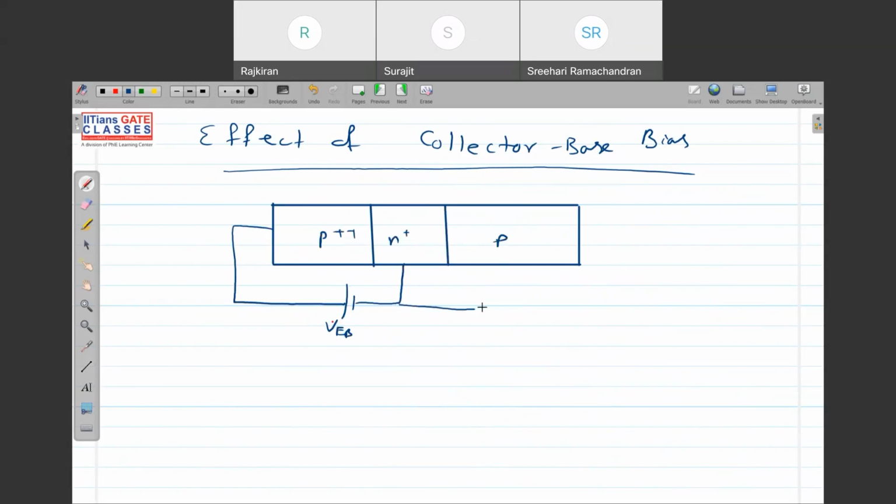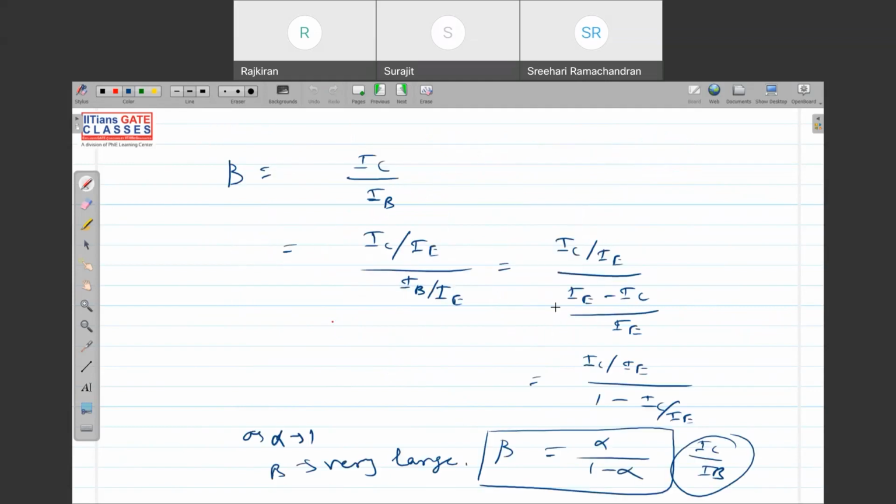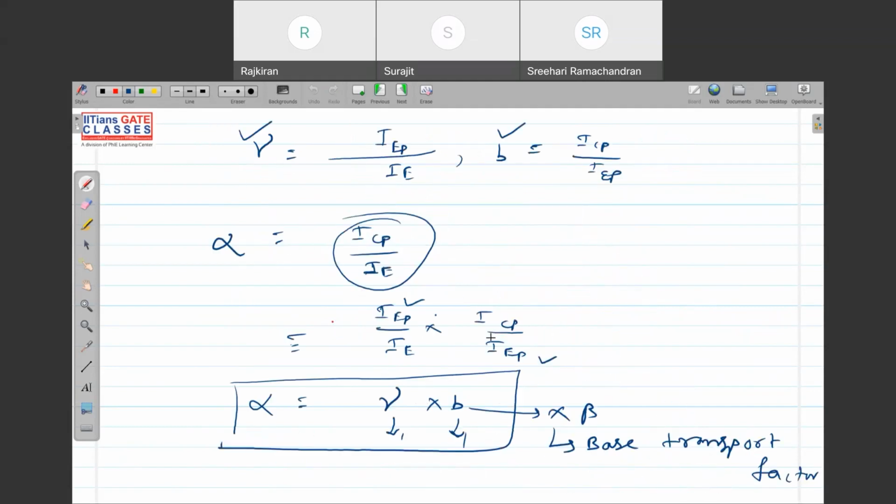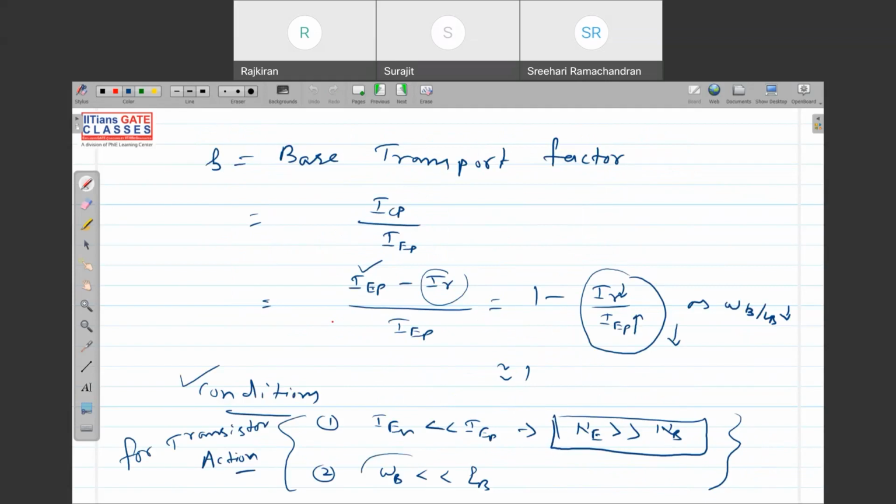Now let us apply another bias to the collector junction, VCB. We will assume that the base width W_B is very small. From now onwards, if not mentioned, I'll assume my base is very thin compared to the diffusion length.